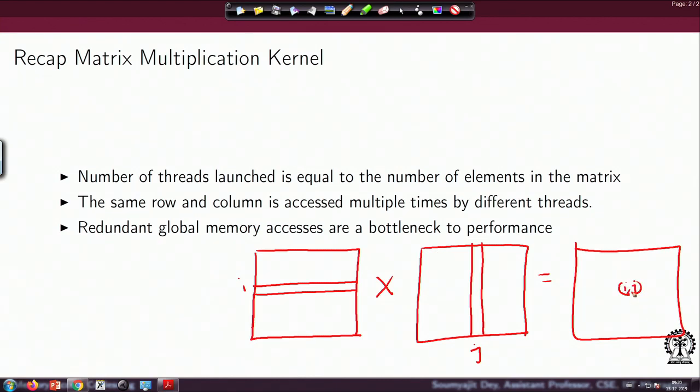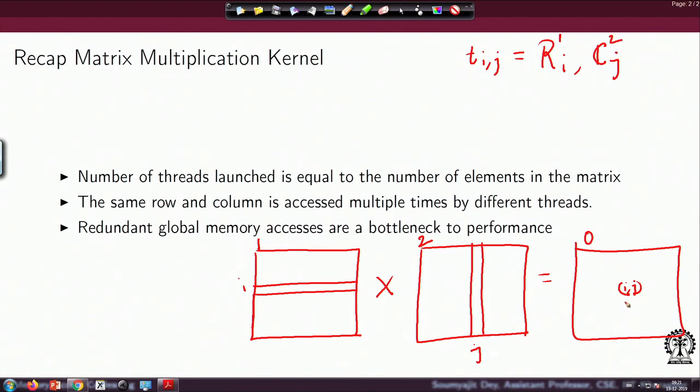For computing element i, j, I would need to access the ith row entirely and also the jth column entirely. So if I consider some thread i j, what is it doing? It is accessing row i of matrix 1, and this is matrix 2, and this is the output matrix, and column j of matrix 2.